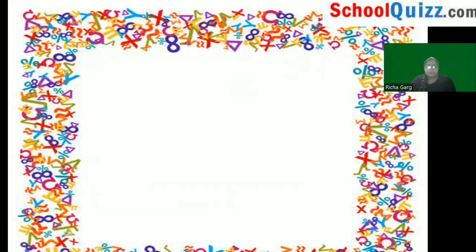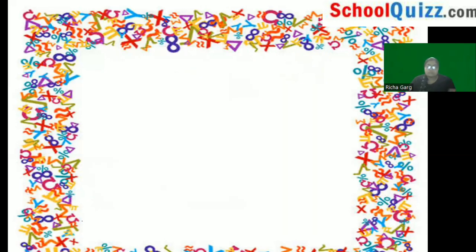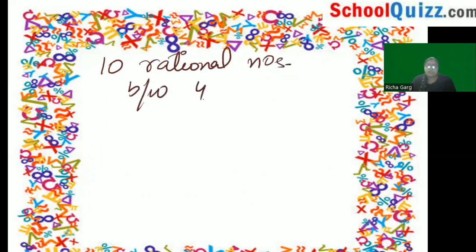So let's consider one question: find 10 rational numbers between 4 and 5. If your school teacher allows this, you can surely follow this, but I will suggest to ask first. Now, the A plus B upon 2 formula will take a lot of time, right?